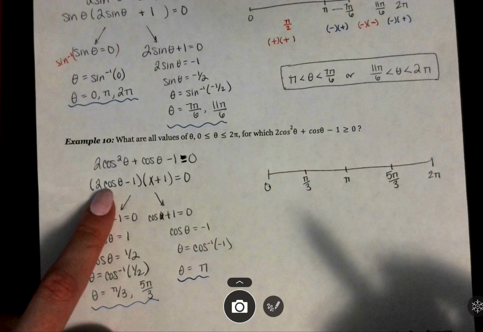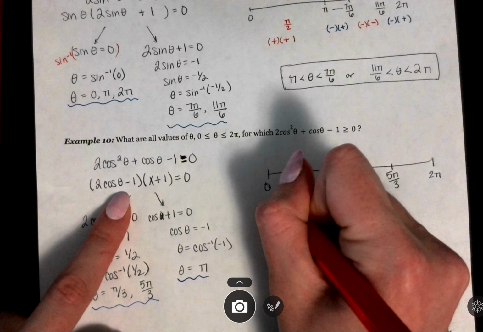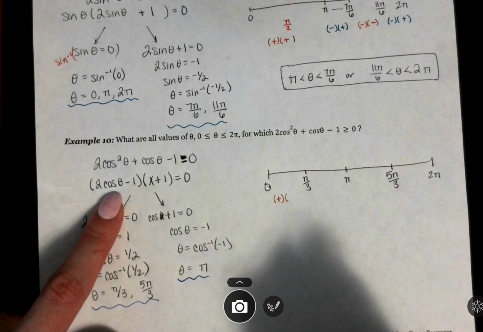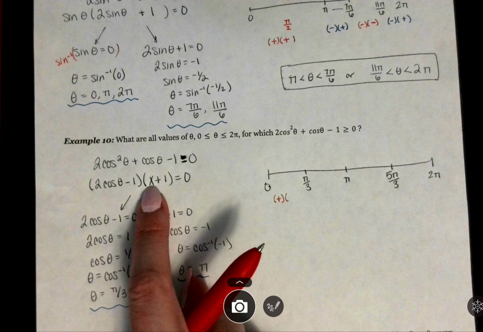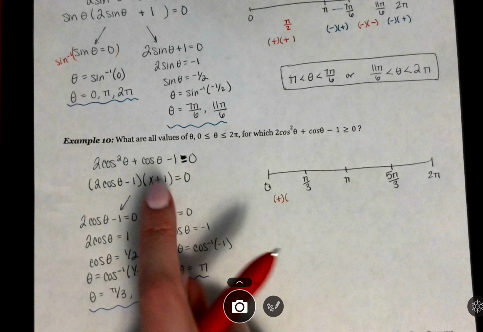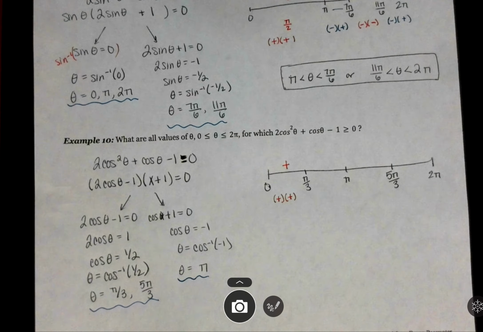I know that square root of 3 is bigger than 1, so if I subtract 1 from it, I would still have a positive value in my first set of parentheses. This should still be cosine of theta. And so if I'm thinking pi over 6, cosine of pi over 6 is square root of 3 over 2, which is positive. Add 1, that's still another positive. So I have positive times positive. So overall, that is a positive interval.